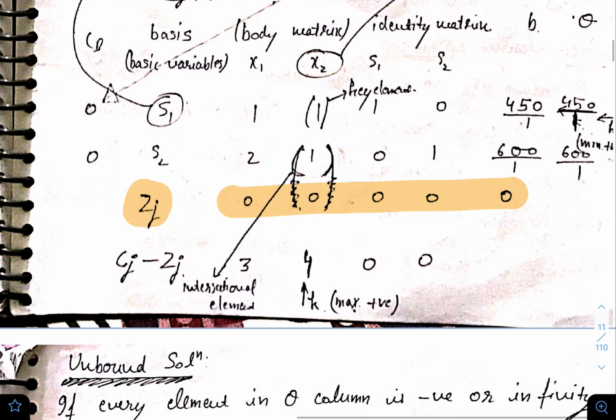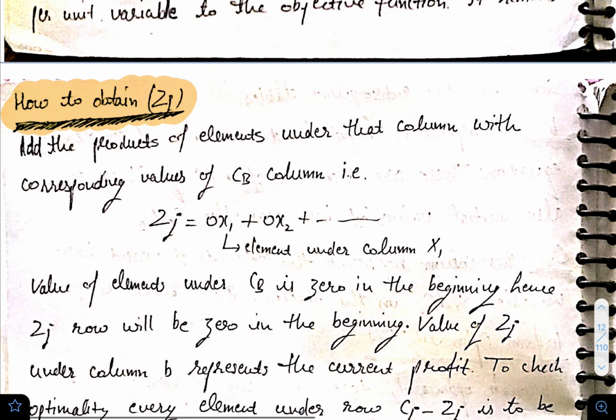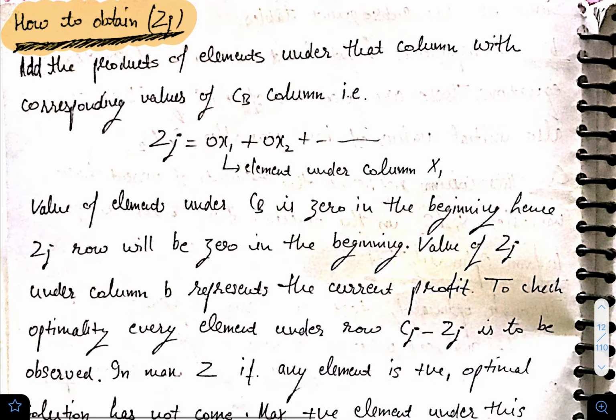I have 0 over here and 0 over here. So how does it all turn out to be 0? I have multiplied 0 with all the corresponding elements of x1, x2, s1 and s2, so I will get 0 in the complete row. The value of elements under CB is 0 in the beginning, hence Zj will be 0 in the beginning.